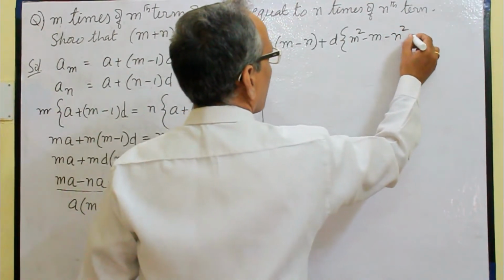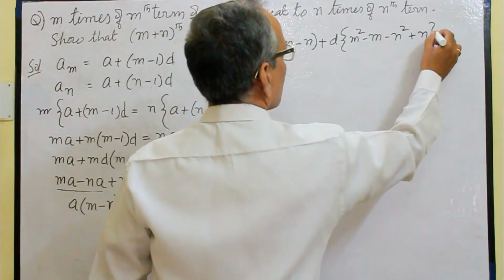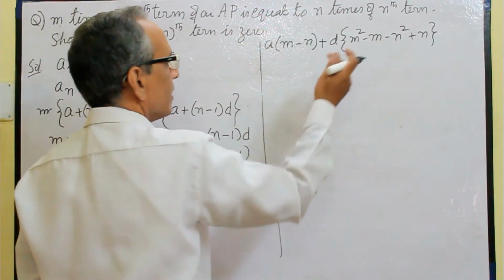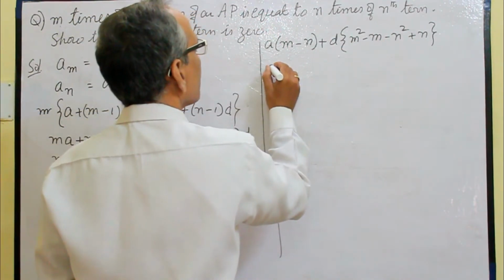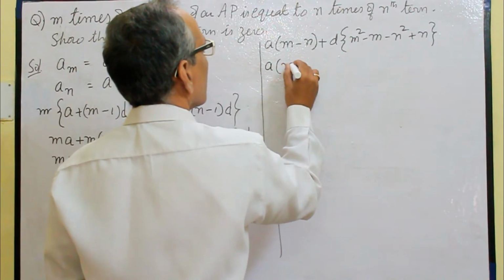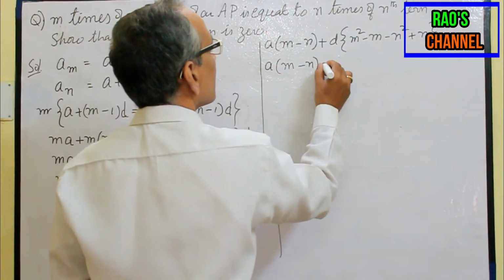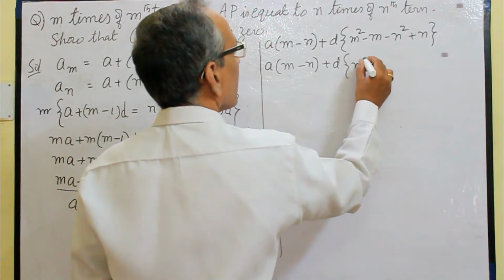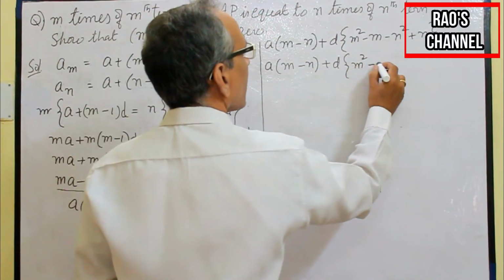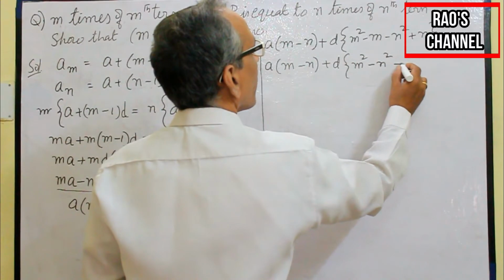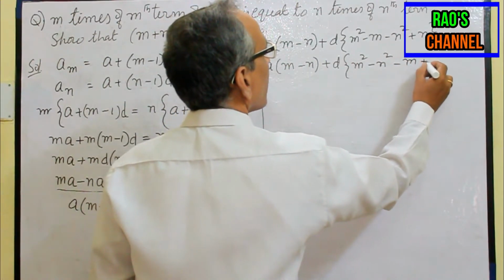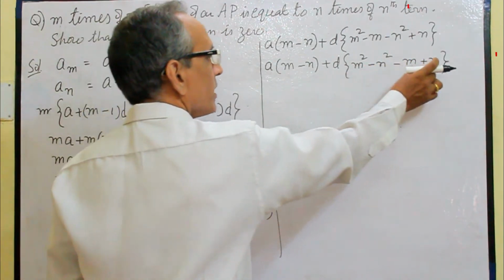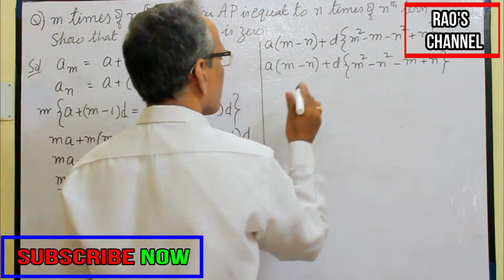Let me reshuffle the four terms which are in the bracket. So A(m minus n) plus d times (m square minus n square minus m plus n). Again, let me group this: first group, second group.